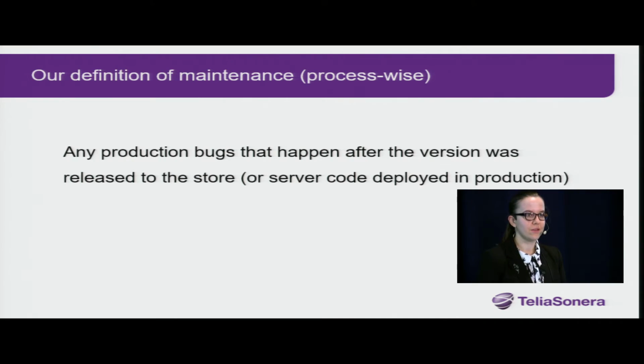First of all, we defined it process-wise, but from a technical perspective it's something else. Process-wise, we define maintenance as any production bugs that happen after the version of the app was released to the store or server code was deployed in production.